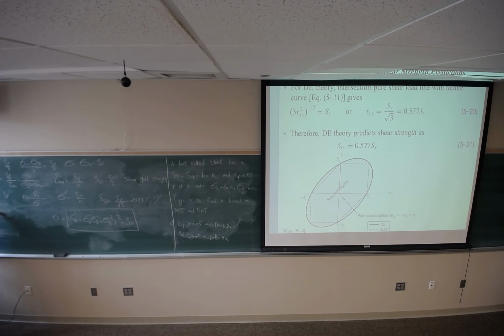Sigma A and B would be sigma x plus sigma y divided by 2, plus and minus the square root of sigma x minus sigma y divided by 2 squared plus tau xy squared. So that's 60 plus 40 divided by 2, plus and minus the square root of 60 minus 40 divided by 2 squared plus tau xy, which is negative 15.